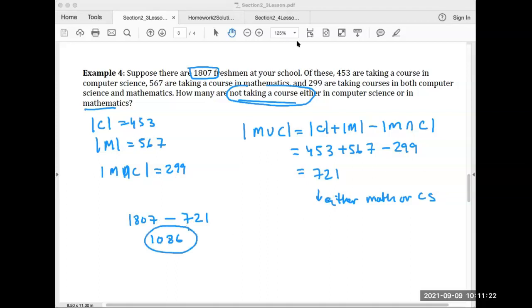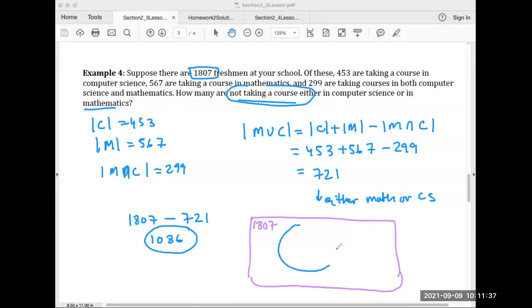If you want to visualize it with a Venn diagram, we have this big rectangle here, which is all freshmen. Inside this, we have a circle for computer science and a circle for math. There are 299 in the middle.